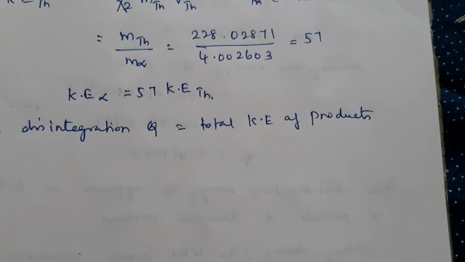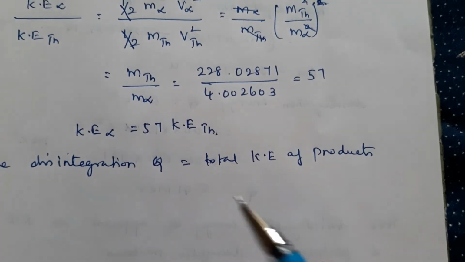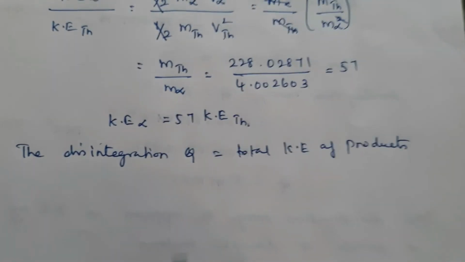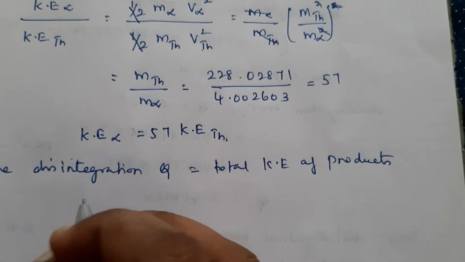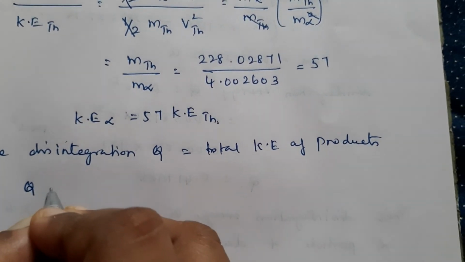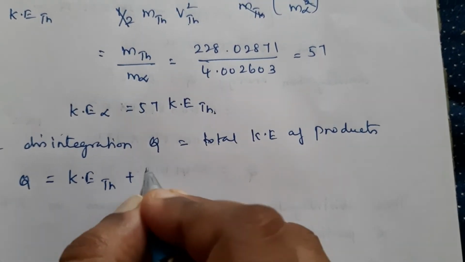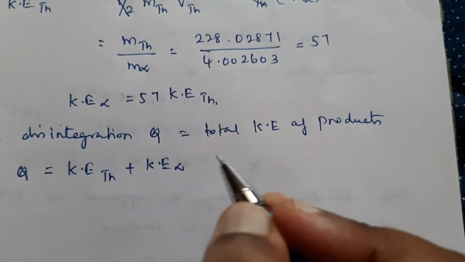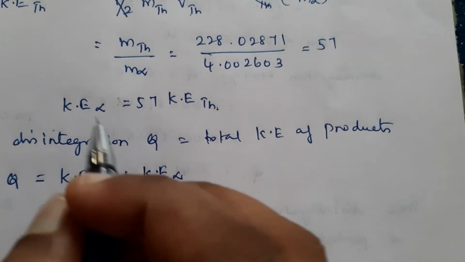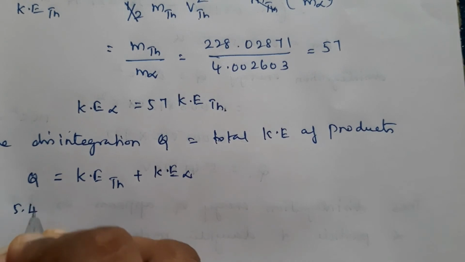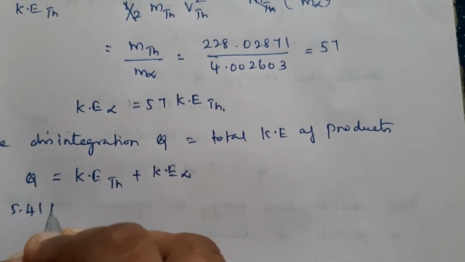We have found the kinetic energy of the alpha particle in terms of thorium's. So Q is equal to the kinetic energy of thorium plus the kinetic energy of the alpha particle. We know the Q value is 5.41 million electron volt.